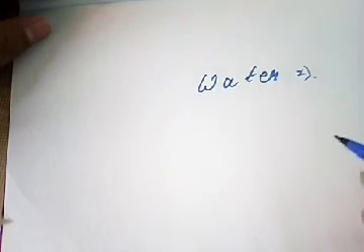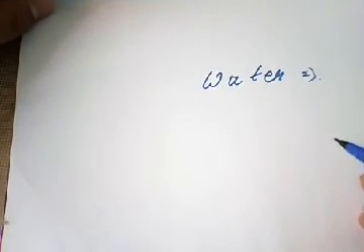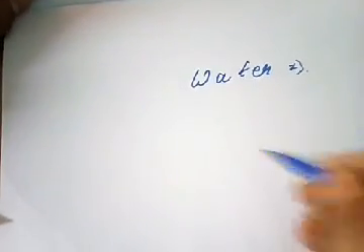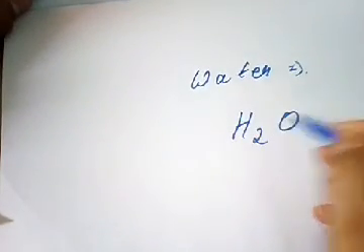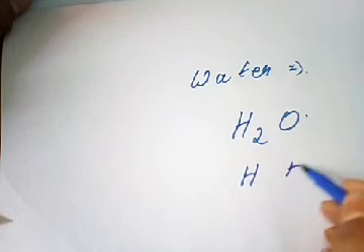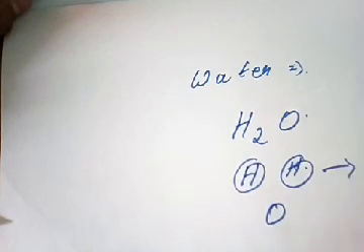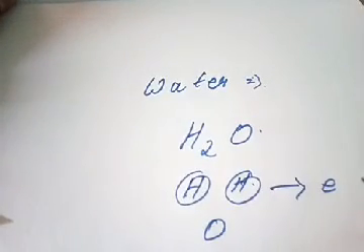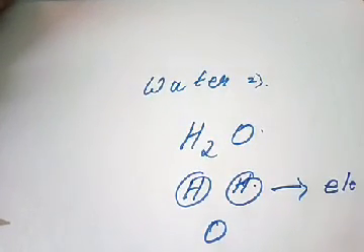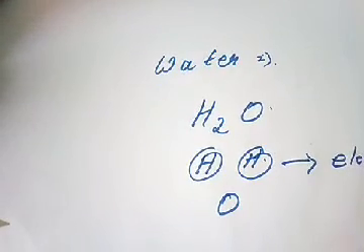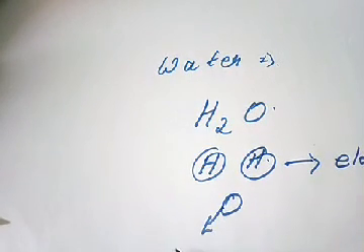If we write the chemical formula of water, that is H2O, we have hydrogen and oxygen. So what are these? These are elements. Oxygen is also an element.